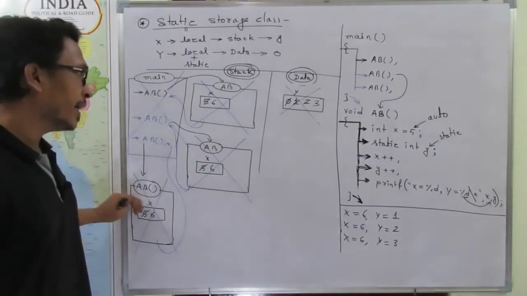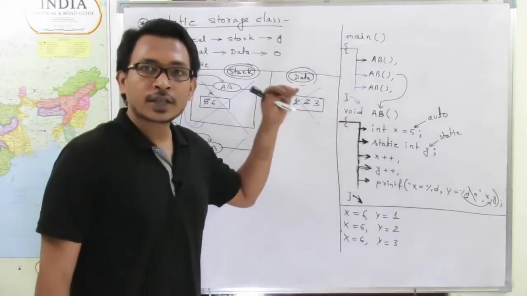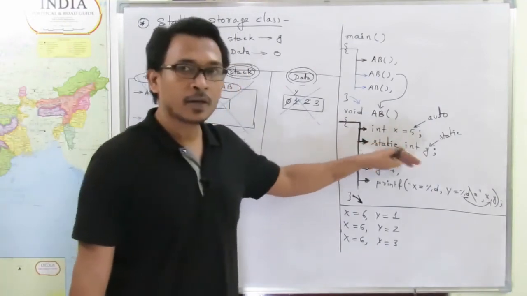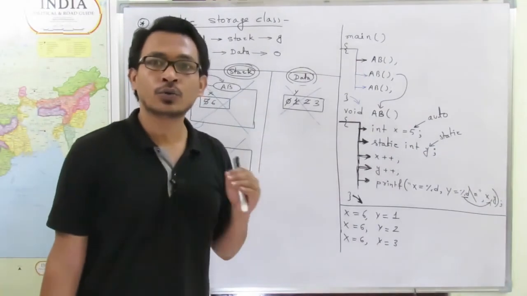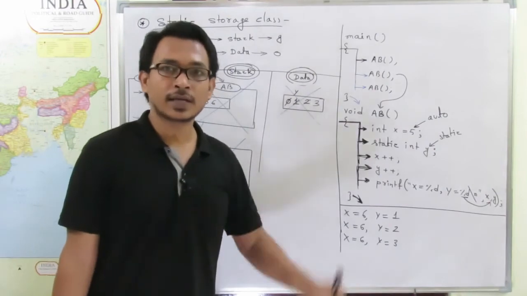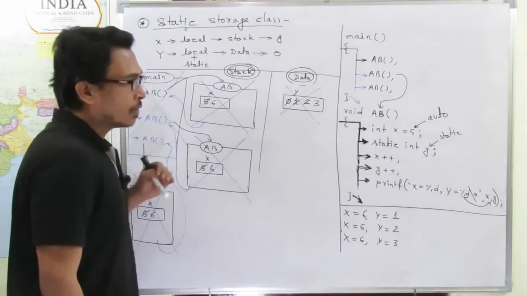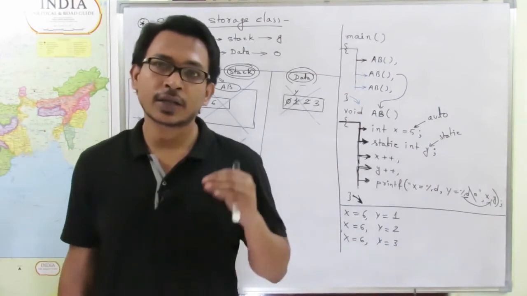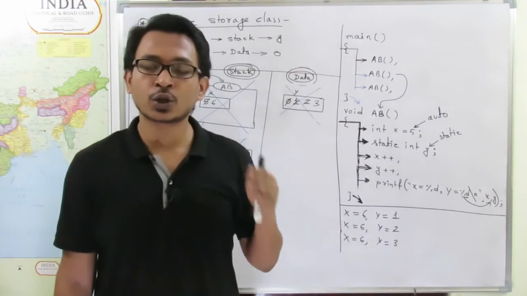The third instance again used the same memory block for the static variable. This is how, with the help of static variable, multiple instances of the same function are able to use the previous execution result of a variable. Clear? So this is how multiple instances of any function execution can share particular data with the help of the static storage class.